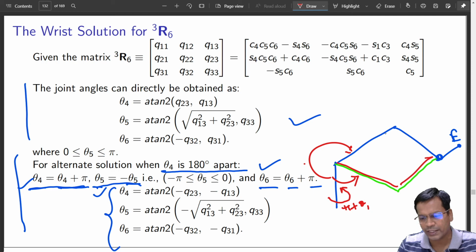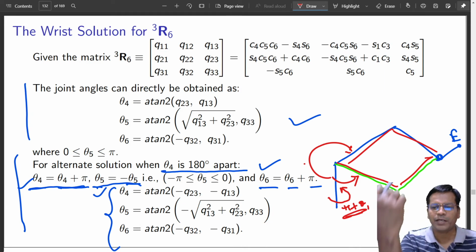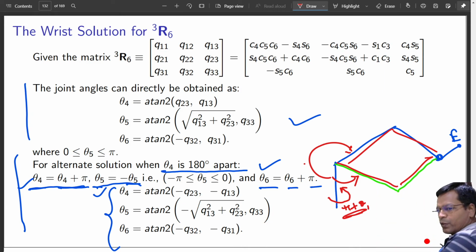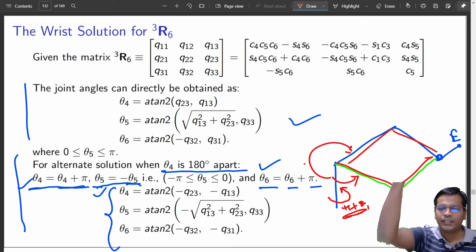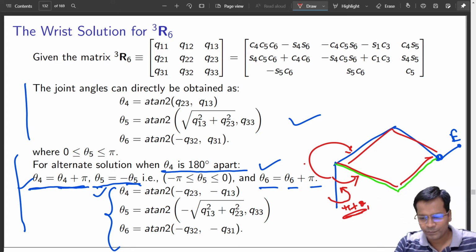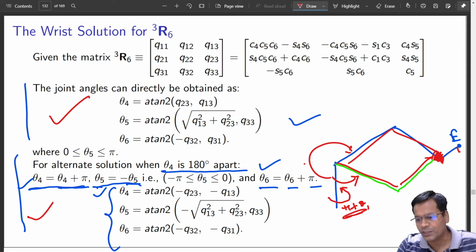Although it looks the same, actually it is not, because theta 1 has rotated by 180 degrees, and this time I am not doing it like this, I am doing it this way. I have rotated and done it this way. So that is another 2. So altogether 1, 2, 3, 4. Till here it is 4. Now you know these are the two additional solutions for this point to this point.